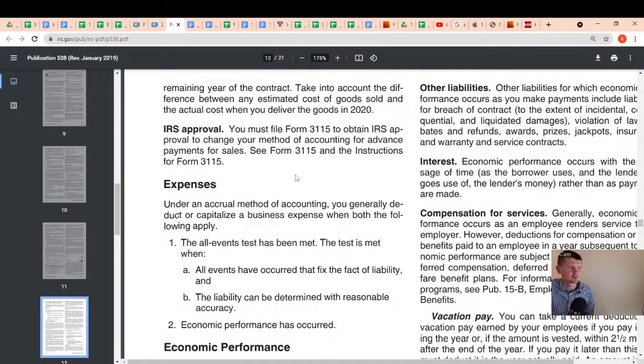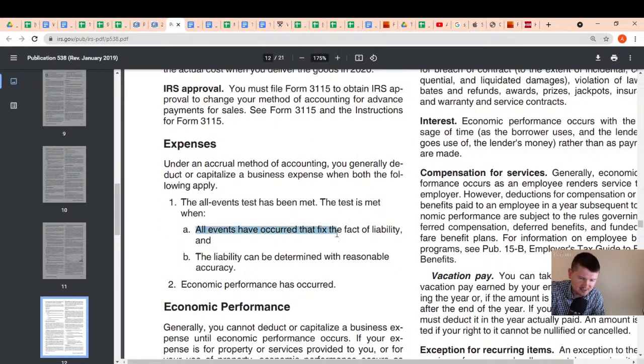So the accrual method for expenses matches the accrual method of accounting most of the time. When they say that the liability is fixed, basically you can determine the value. You can determine the value most of the time.